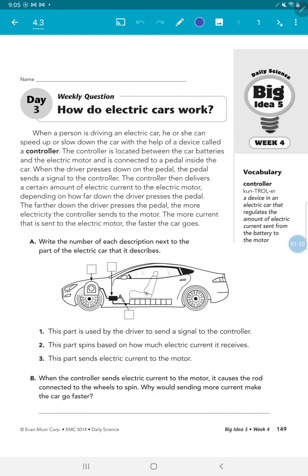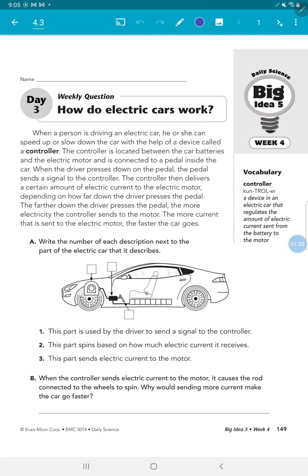Okay, so in an electric car, the controller is the device that regulates the amount of electric current sent from the battery to the motor. Okay, it controls the amount of electric current, that's what makes it go, sent from the battery to the motor. We're going to read some more about that.